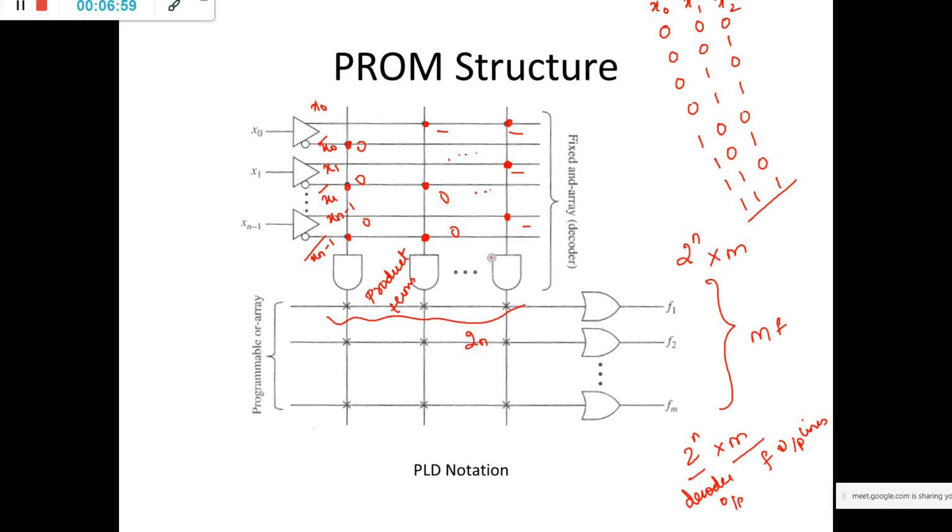The AND array is fixed, and the combinations 0 0 0, 0 0 1 up till 1 1 1 are obtained. The product terms are generated at the AND array output, and the functions are realized at the OR array. So we have a fixed AND array decoder and a programmable OR array. Programmable means we have fuses.